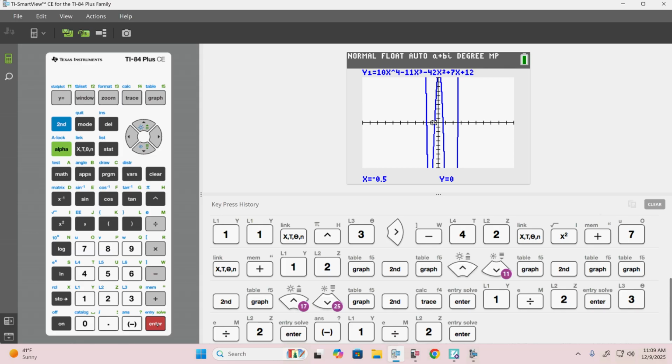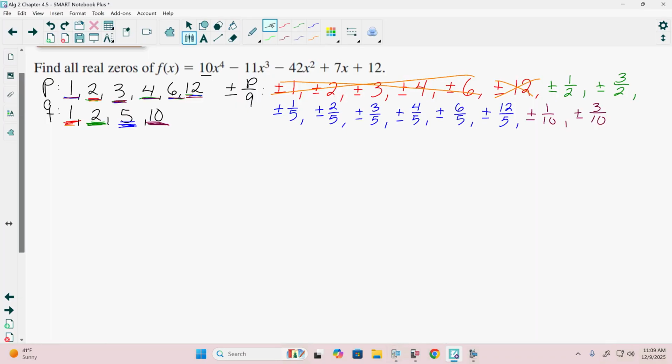Because 1/2 didn't work, we could also try -1/2, yes? And when X is -1/2, the Y value is 0. So that tells me X is equal to -1/2. I do have one of my solutions.